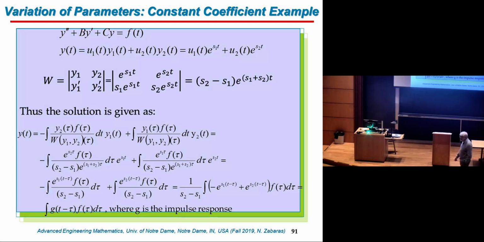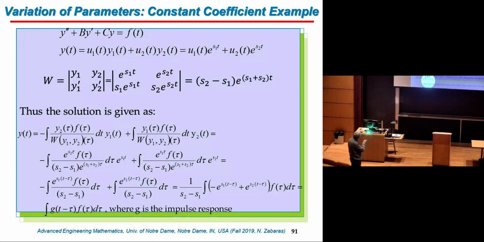If I take that the solutions to the homogeneous equation are e to the s1t and e to the s2t, and you apply this method of variation of parameters, if you compute the Wronskian for y1 and y2, and you plug into the solution in integral form, it comes out that the general solution is given by the impulse response times the right-hand side of the differential equation f of t.